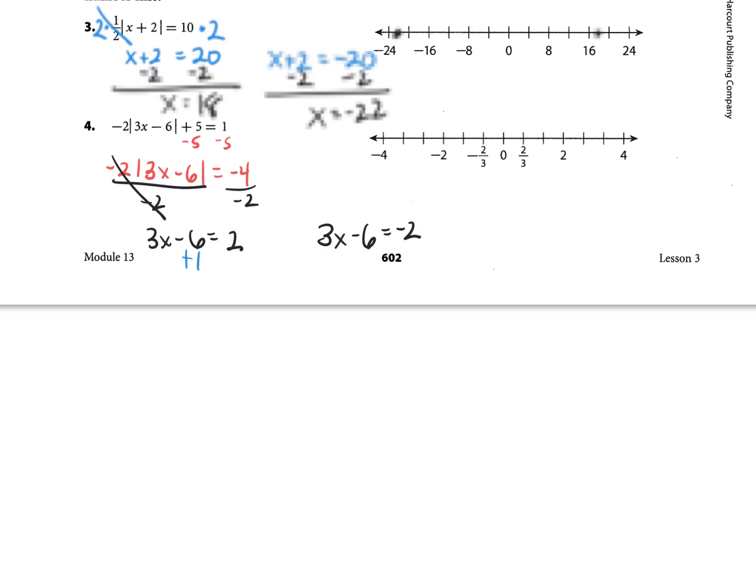Then we add 6. We end up with 3x equals 8. And over here we have 3x equals 4. Divide both sides by 3. That gives us x equals 2, because 2 sets of 3 would be 6.